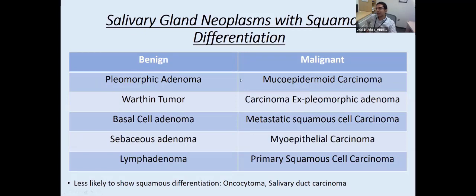So let's think about some malignant lesions. Mucoepidermoid carcinoma is the most common carcinoma of the salivary gland, and usually it can have epidermoid cells, so almost squamous looking cells, but usually those do not keratinize, and also usually you have mucin or mucocytes in the background, which we don't see in this case.